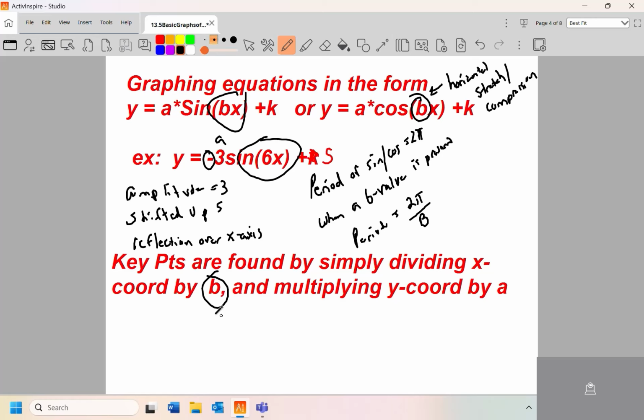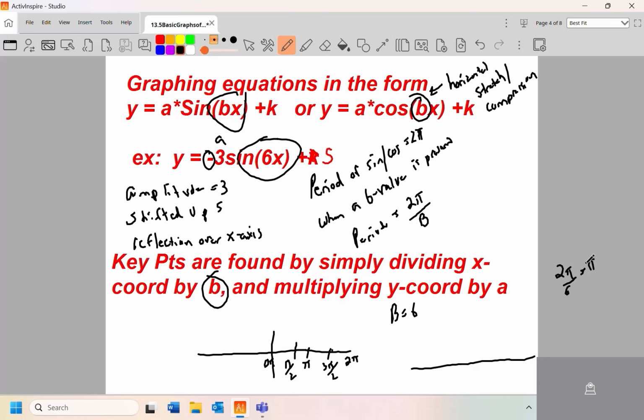So if I just do a graph here, my key points are 0 to 2 pi. With a b equal to 6, the key points change. This becomes 2 pi over 6, which is pi over 3.